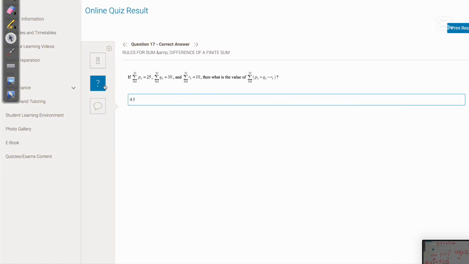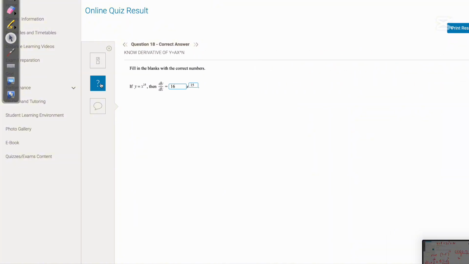Number 17. For this one, all you're going to do is P plus Q minus R. So 25 plus 30 minus 10, which is 45. Number 18. Fill in the blanks with the correct numbers. Here they want the derivative of x to the power of 16.